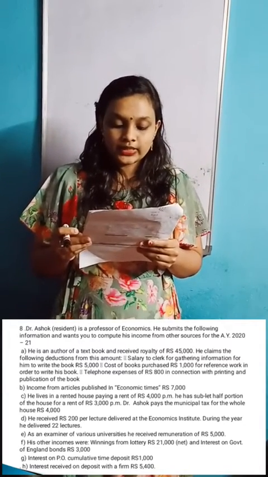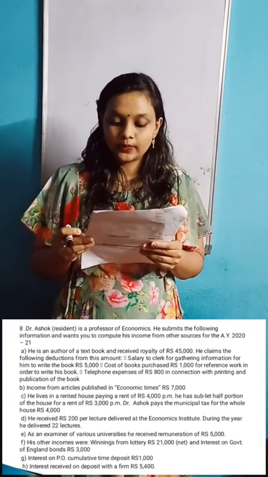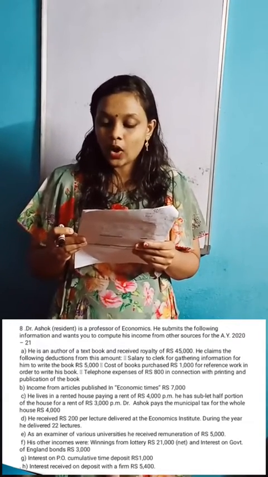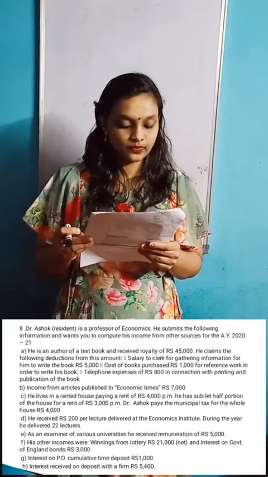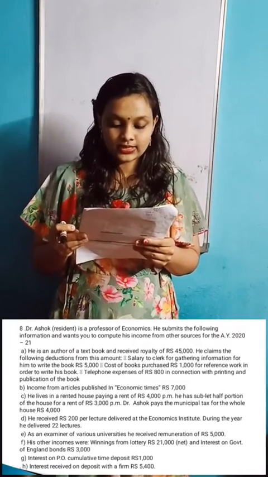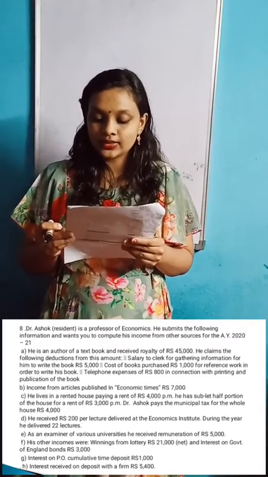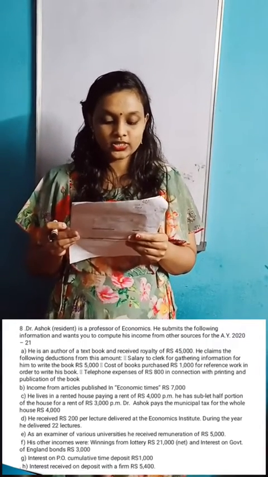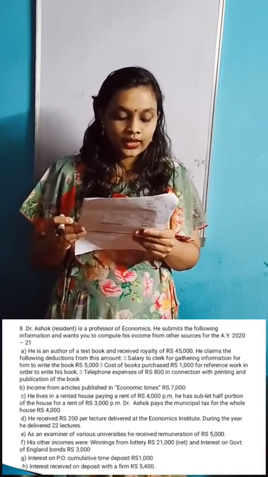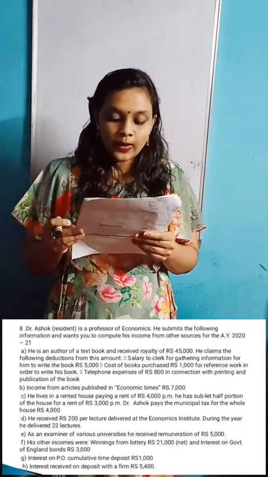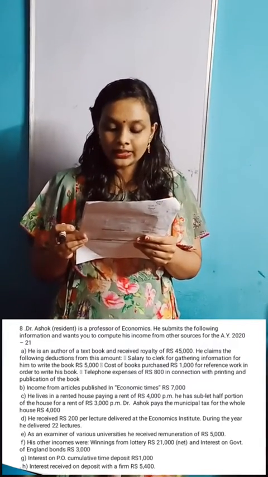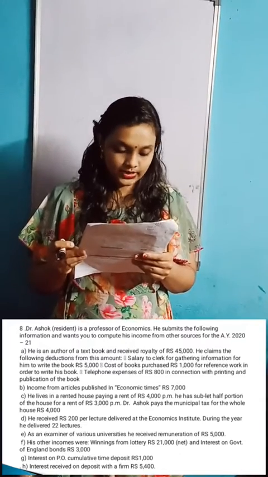Cost of books purchased, rupees 1,000, for reference work in order to write his book. Telephone expenses of rupees 800 in connection with printing and publication of the book. Income from articles published in Economic Times, rupees 7,000.